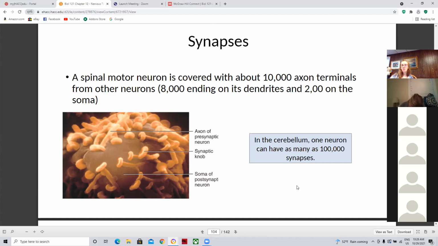In the cerebellum, one neuron can have as many as 100 synapses with other neurons. That's a lot if you think about it. The more synapses a given neuron has, the more abilities it has to incorporate and process information.